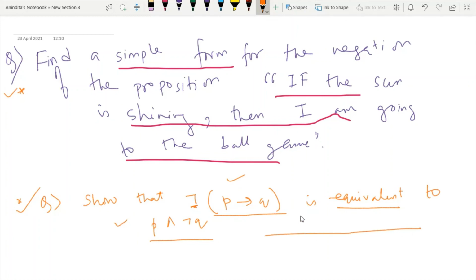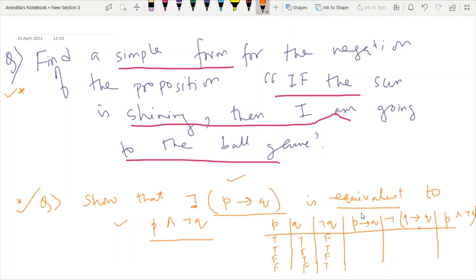So I will try to make one truth table, that is P, Q, and then not Q, P implies Q, then the given statement not P implies Q and P and not Q. So now I'm creating the truth table.